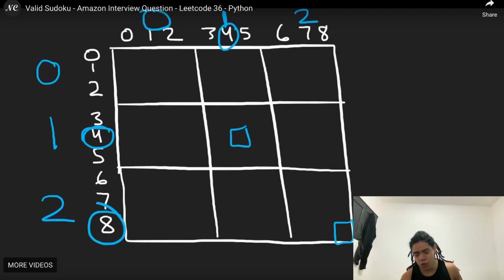And here with valid Sudoku, we represent this division as a way to give us a number, and that number represents the subset, this square in our Sudoku.